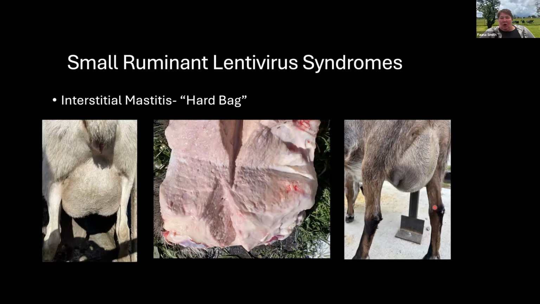They're just hard, lumpy bags. In older infected does that don't freshen with hard bag, you will notice with every lactation that at freshening the udder is a little more firm or swollen than normal, and their production is limited, maybe not to the same degree as the heavily infected yearlings.